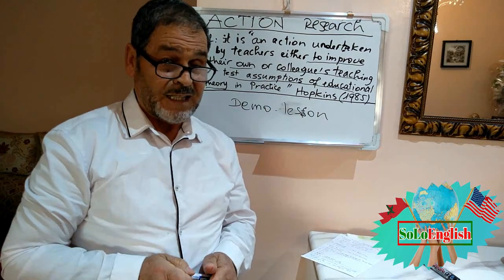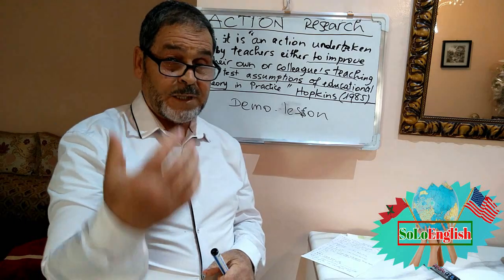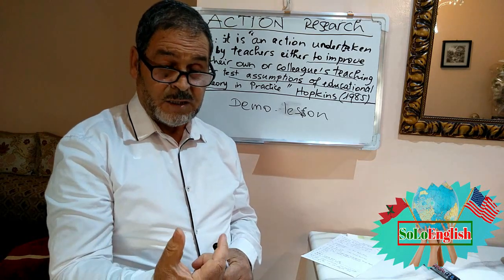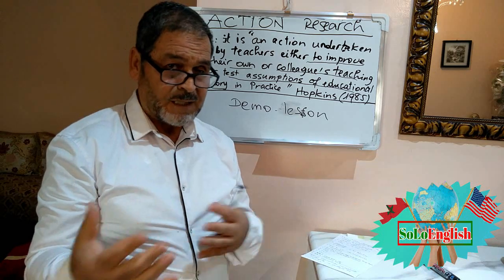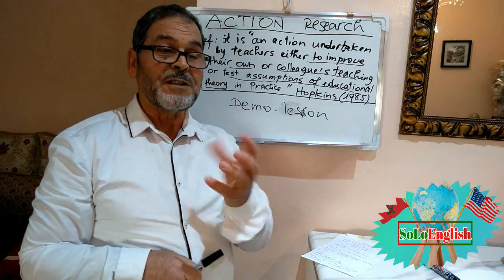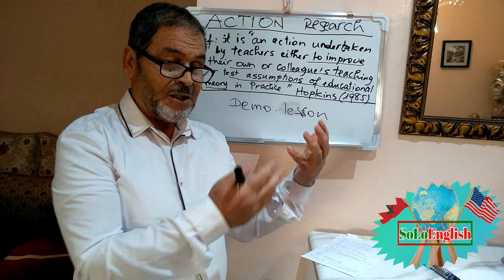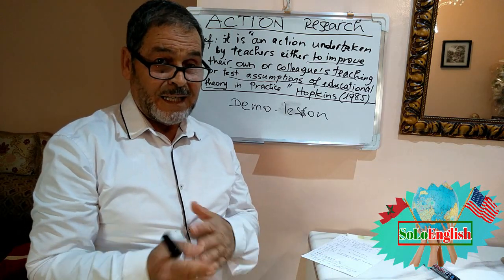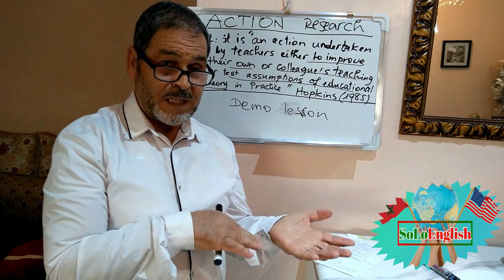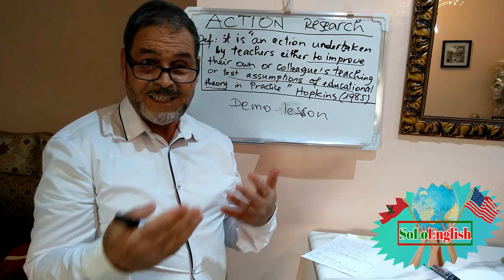It is a demonstration lesson. It is a lesson prepared and organized by a teacher and a number of teachers. With the inspectors and teachers, you are going to observe the teacher's performance and how students learn. And then at the end, they discuss the weak points and the strong points in the lesson.